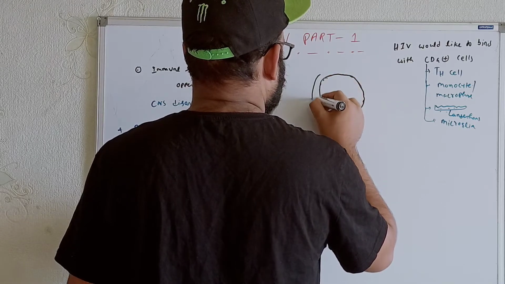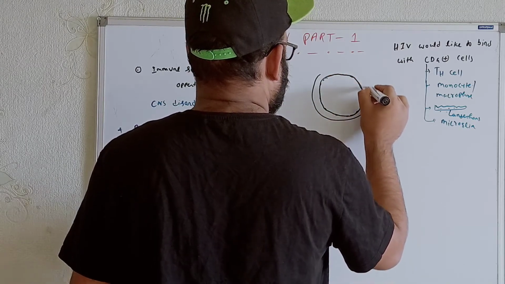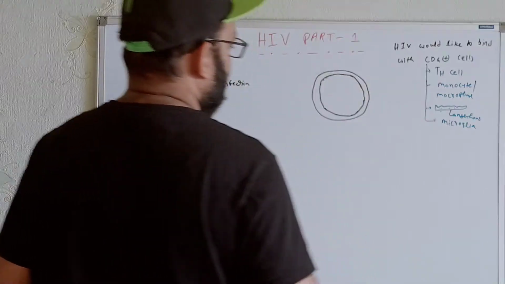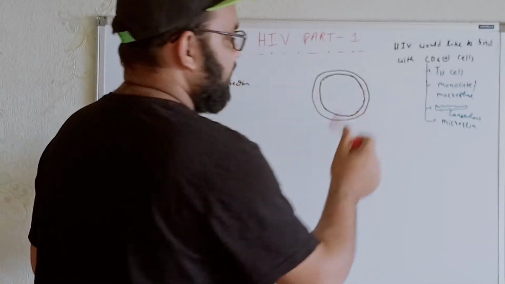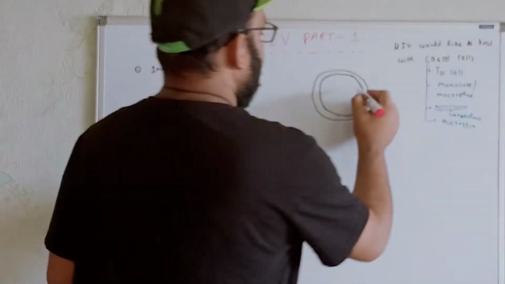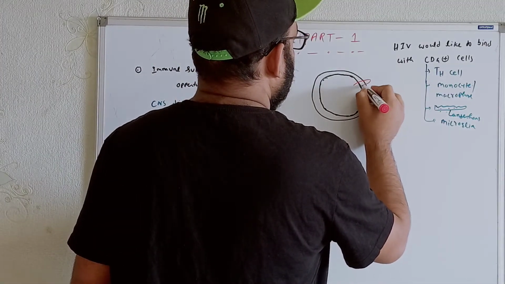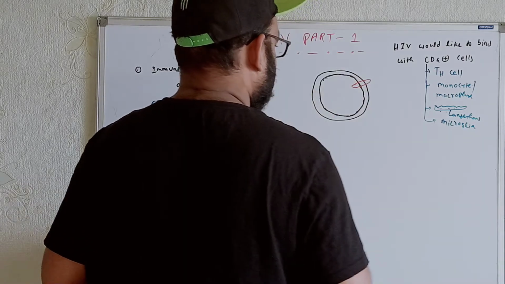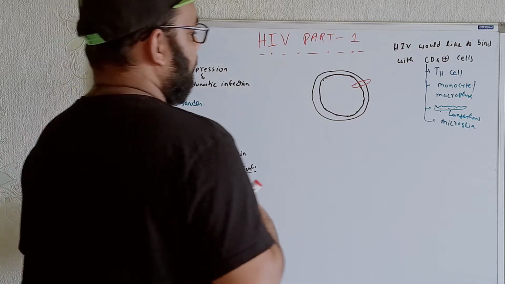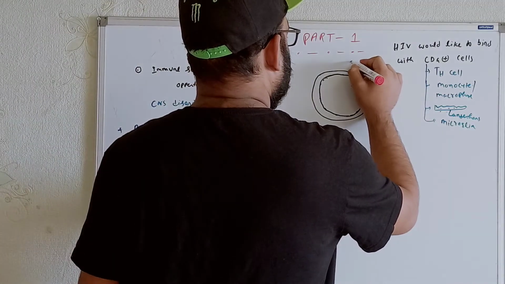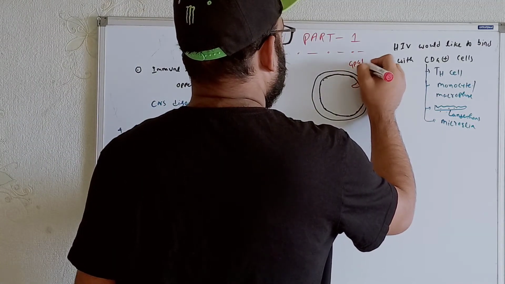The lipid bilayer membrane. Now within the lipid bilayer membrane of the HIV, we will get a transmembrane protein over here. This transmembrane protein is known as GP41.